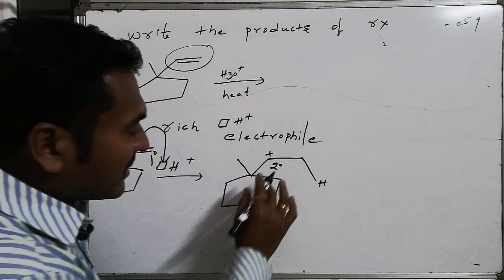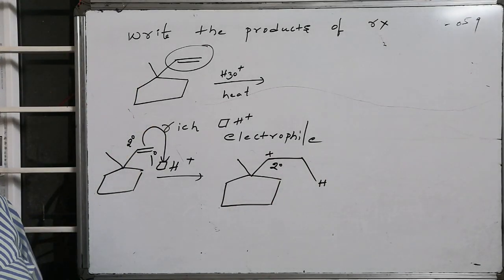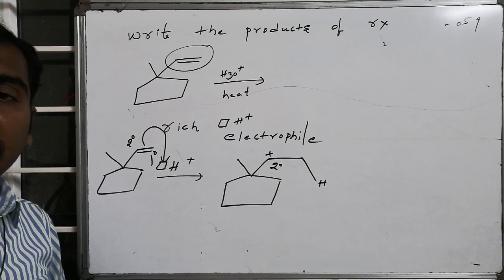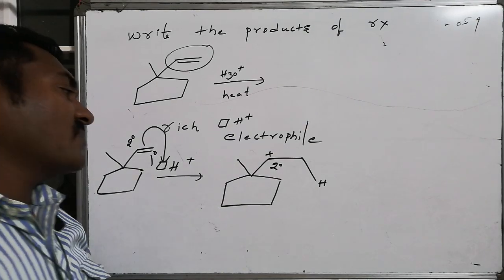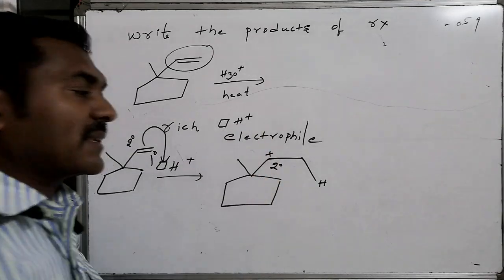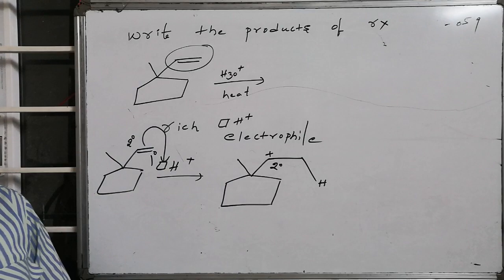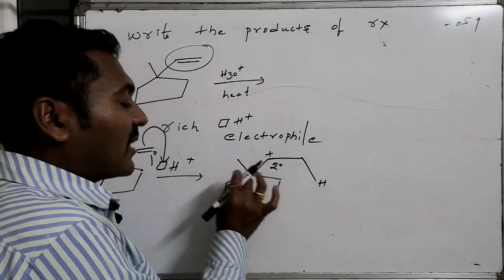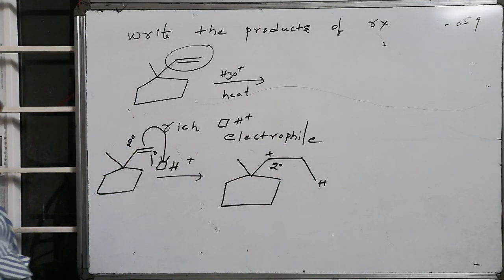Now there is a chance for this secondary carbocation to undergo rearrangement reactions. There are two chances for the carbocation to participate in rearrangement: one is a methyl shift, and one is ring expansion by cleaving this particular sigma bond and connecting to the secondary carbon.